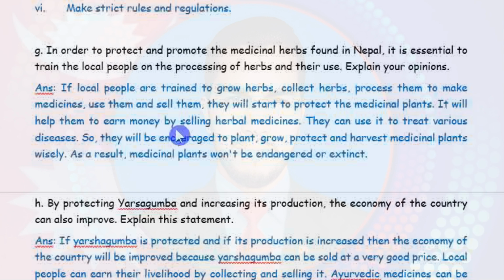It will help them to earn money by selling herbal medicines. They can use it to treat various diseases, so they will be encouraged to plant, grow, protect and harvest medicinal plants wisely. As a result, medicinal plants won't be endangered or extinct.